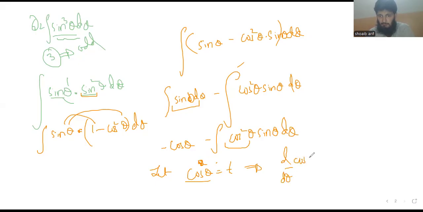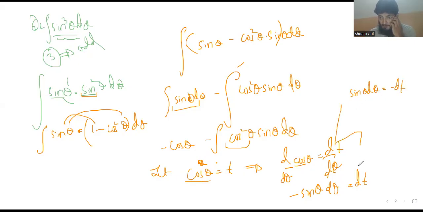So d by d theta of cos theta equals d by d theta of t. Okay. So the derivative of cos theta is equal to minus sine theta d theta equal to dt. So we get sine theta d theta equal to minus dt.